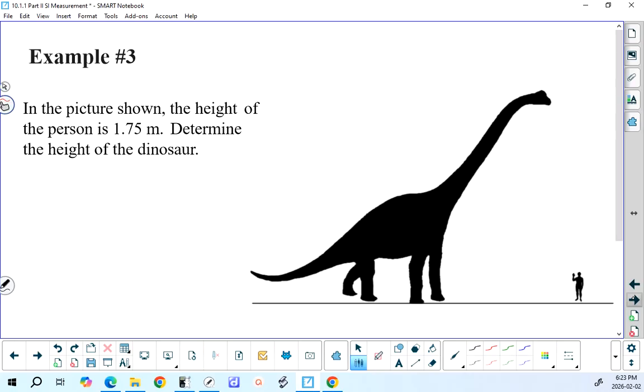Well, what you can do is measure with a ruler the height of this person. This is one way to do it. I'm going to grab a ruler.